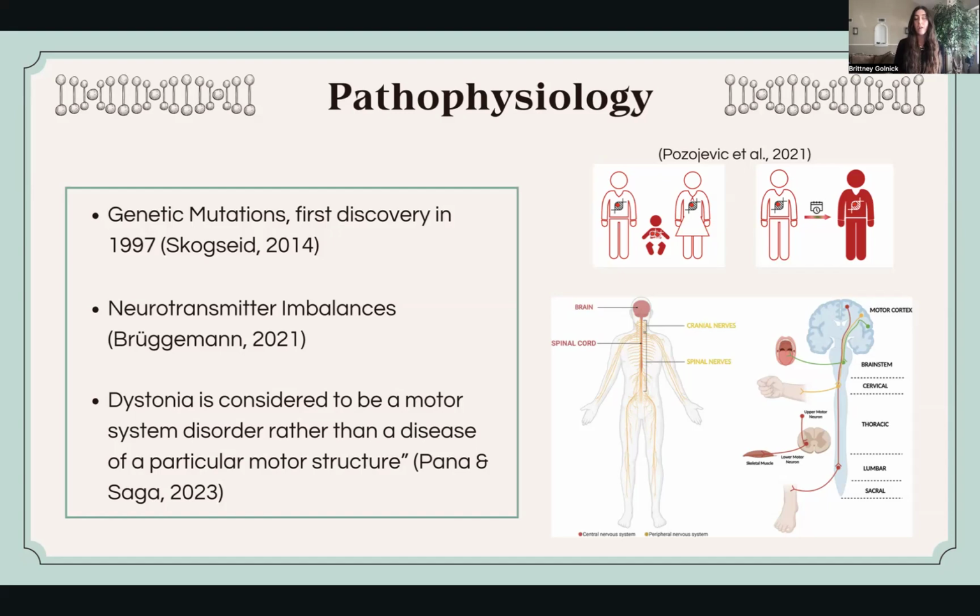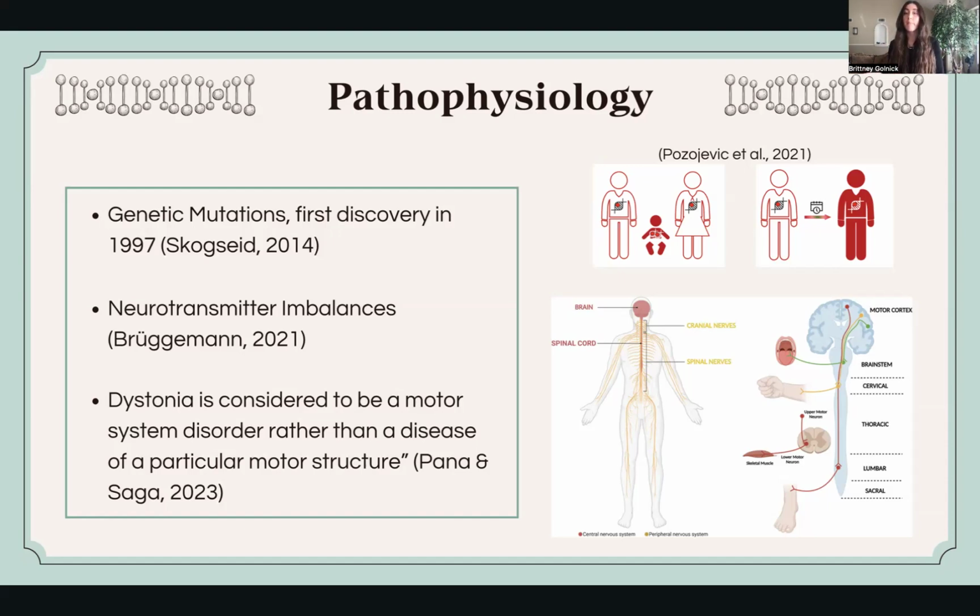And also with that, what Pana and Saga found in 2003, which is a very recent study, is that dystonia is considered to be a motor system disorder instead of just a disease of a motor structure. So originally they really thought it was just the basal ganglia that was the problem.